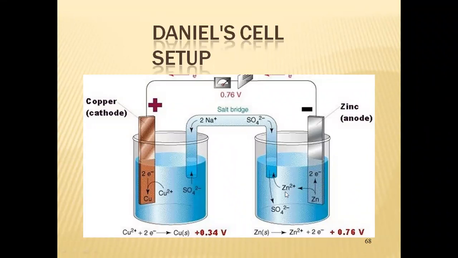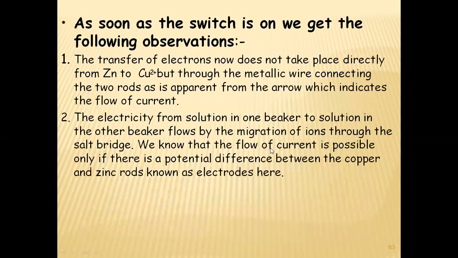See, Na+ ions are moving from here to here, and SO4 ions are moving from this chamber to this. So they are just completing the circuit. And the main function of the salt bridge is to connect both the chambers, and through this salt bridge your ions can move from one point to another point easily. Clear?